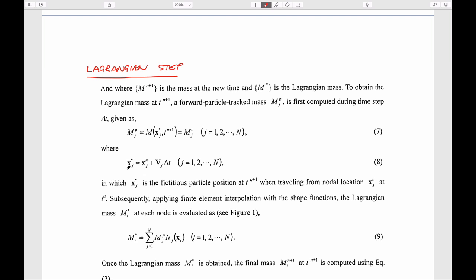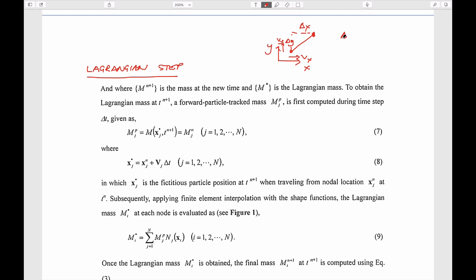So if we have x and y, and the mass exists here at some time, and the velocities are a velocity in the x direction and a velocity in the y direction, then the trajectory of that mass will move by some amount, delta x and delta y.